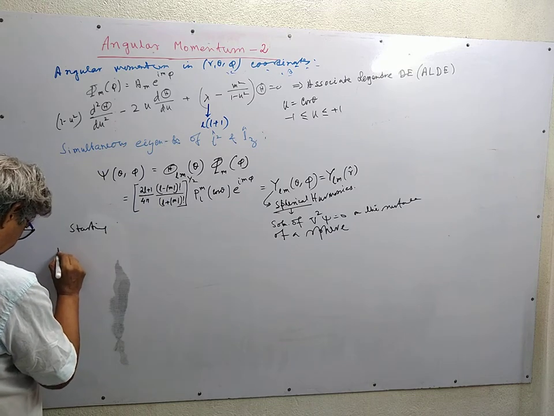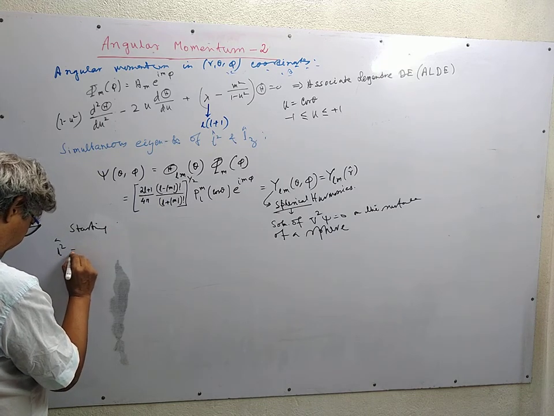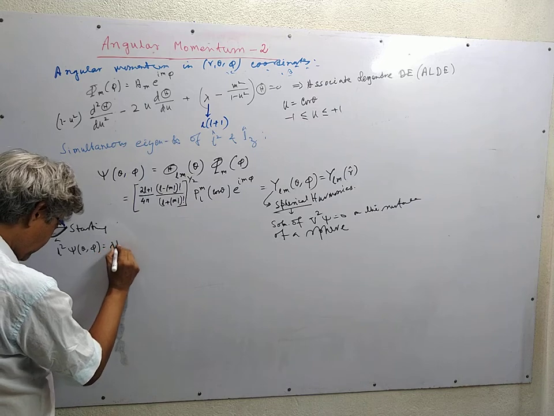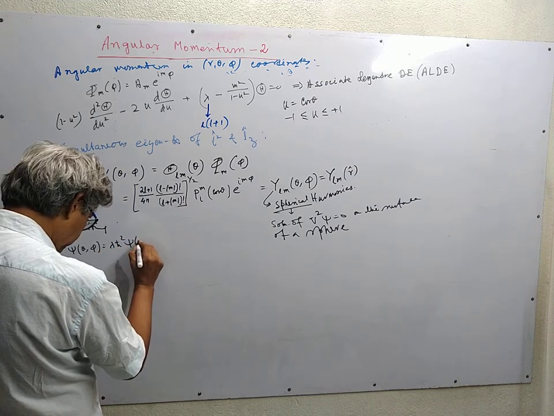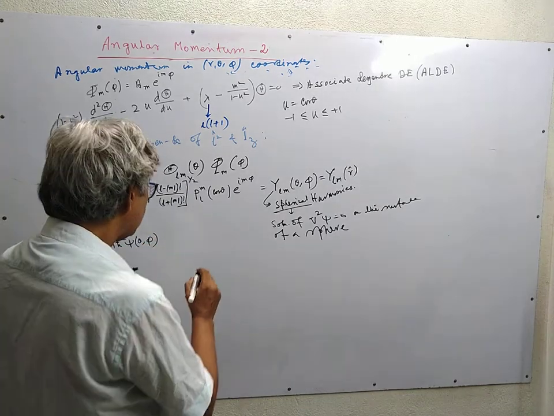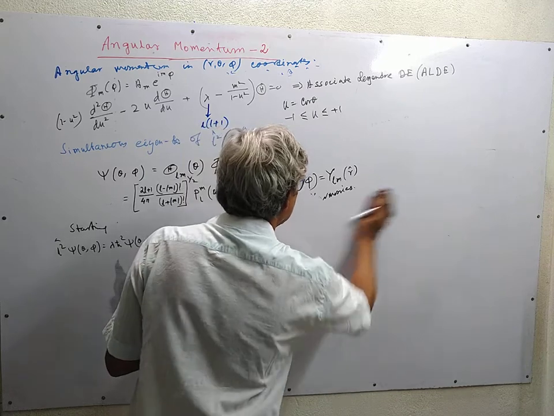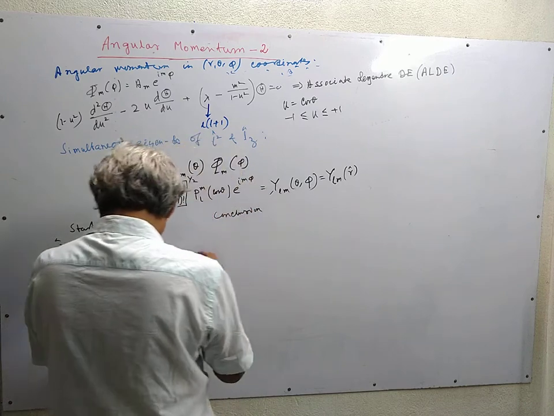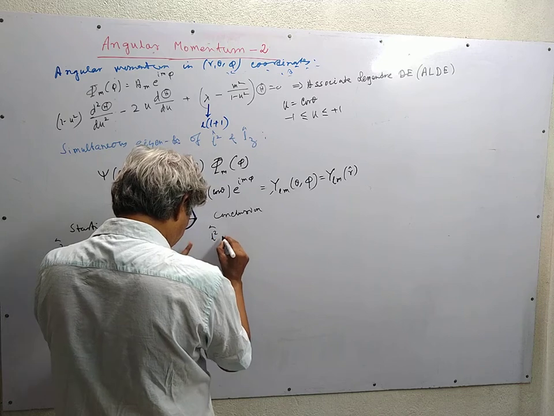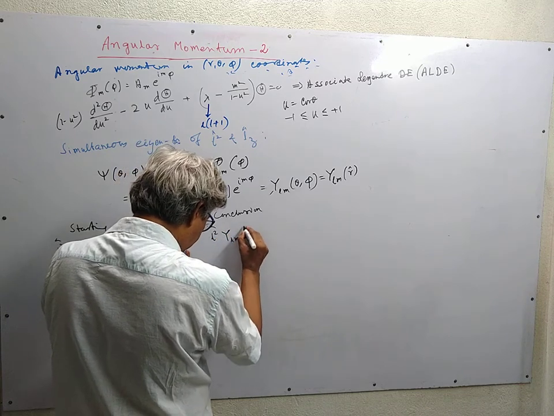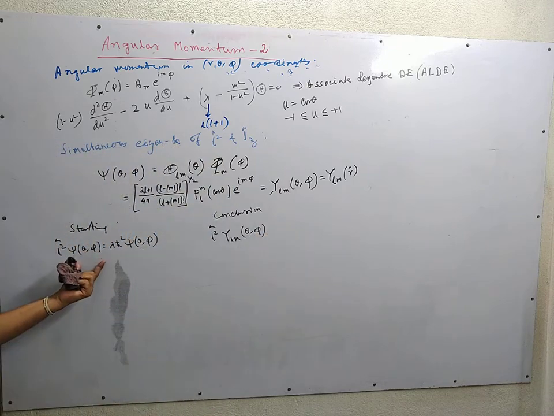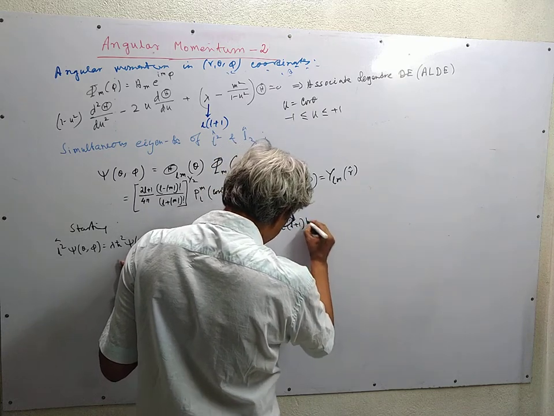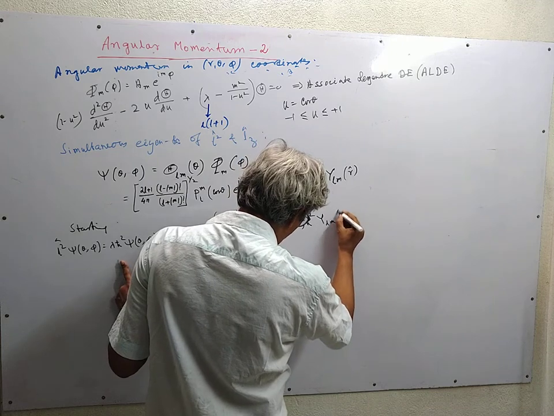Starting point was L square operating on the eigenfunction. Now the final conclusion is, L square operator operating on Y_L^m of theta phi, the simultaneous eigenfunction, gives the eigenvalue now changed to L(L+1) h-bar square times Y_L^m of theta phi.